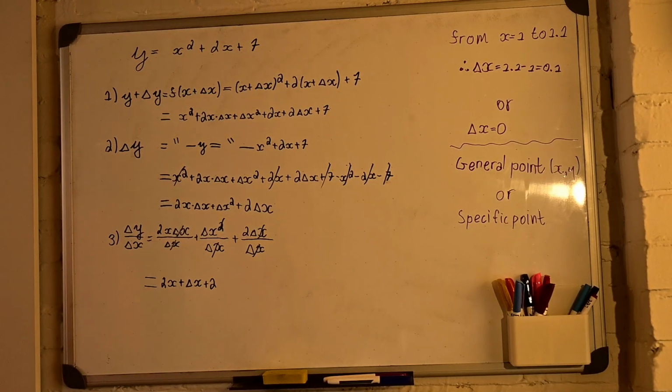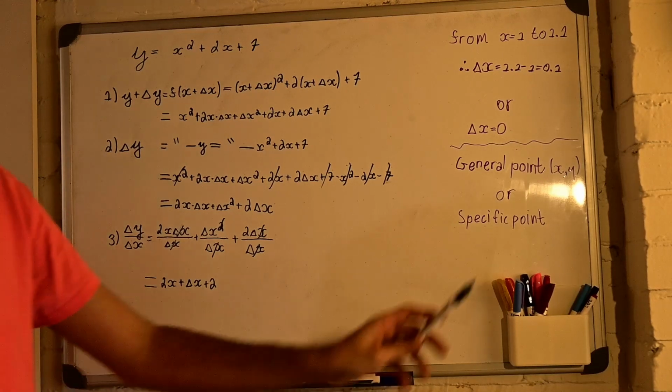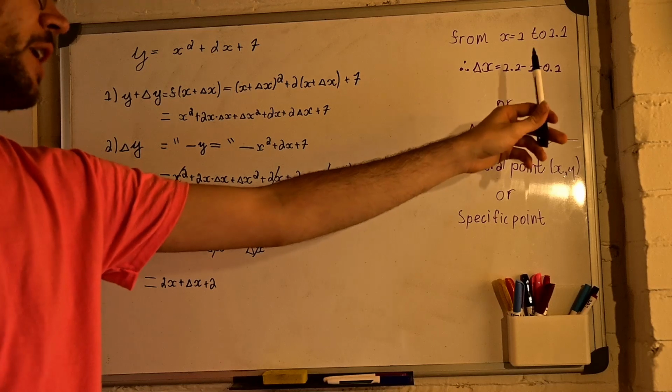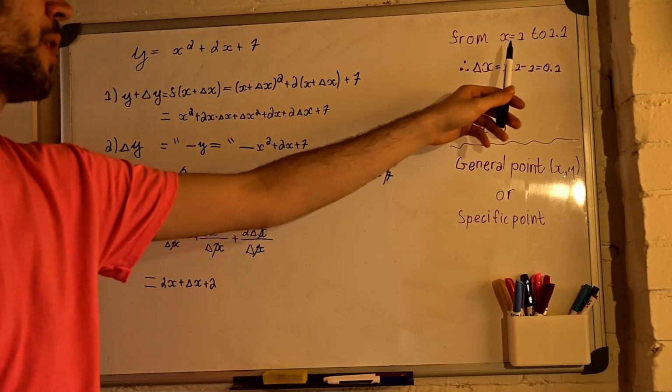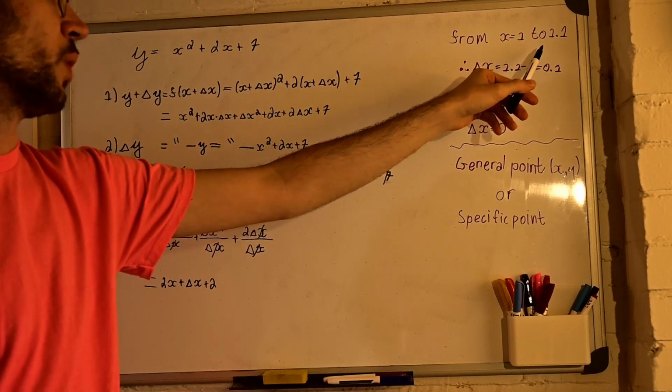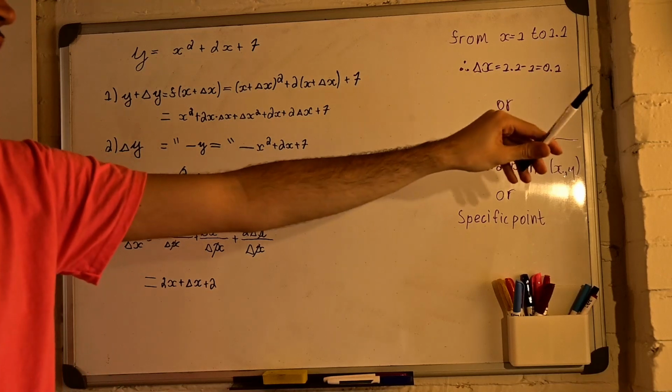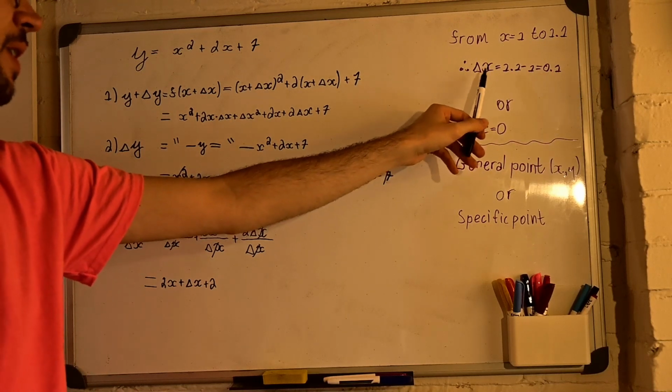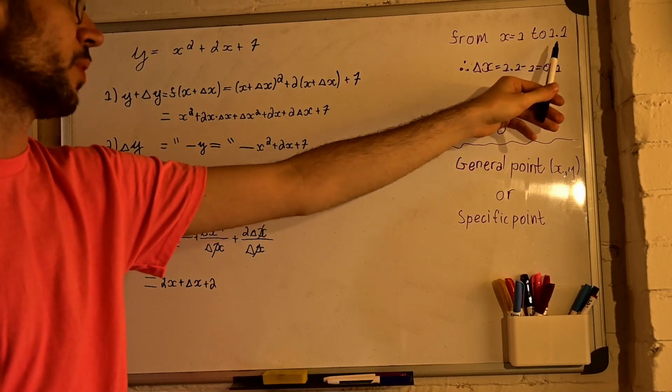Now, when you get a delta question, what they specifically ask you to find might change. So, for instance, they might ask you to find the average slope from certain x values. So in this case, for example, from x equals 1 to 1.1. In this case, what you need to do is find delta x. And delta x is the difference between the 2 numbers they gave you.